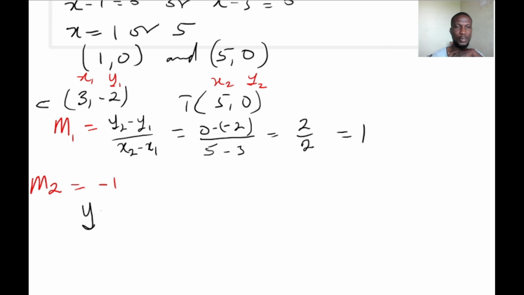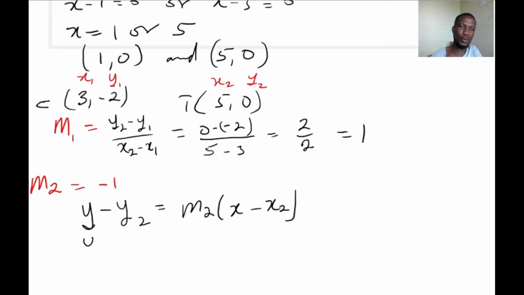The equation of the tangent is going to be y minus 0 equals negative 1 times (x minus 5).